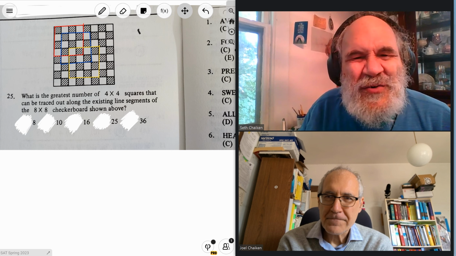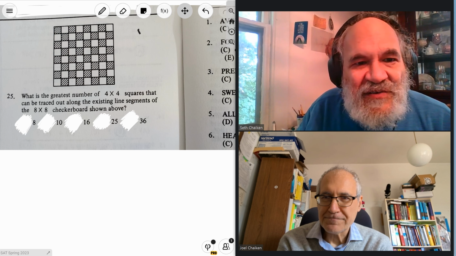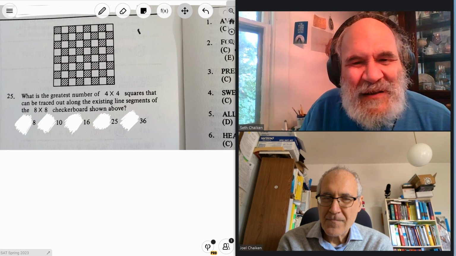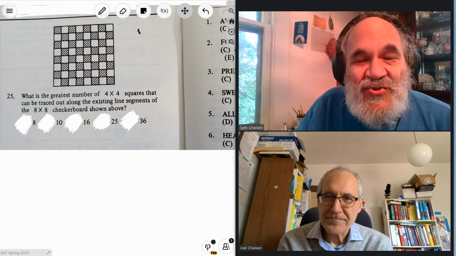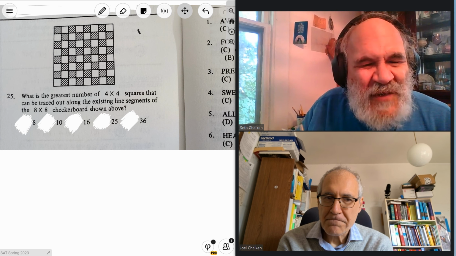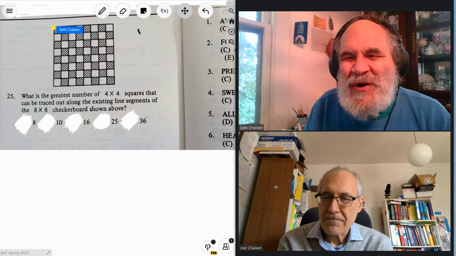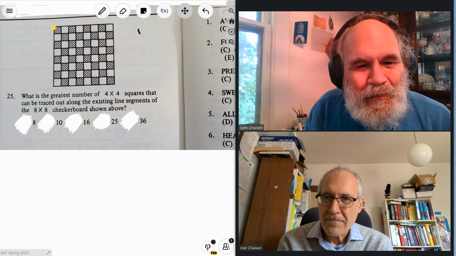So now what I'm going to do is therefore erase everything and see if I can understand this systematically. To start drawing one of these squares, I have to pick an upper left-hand corner, right?